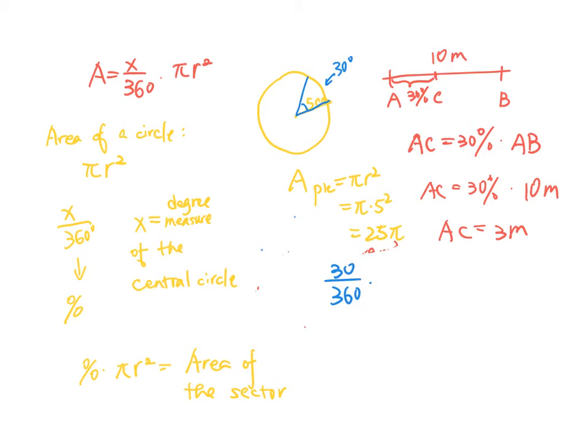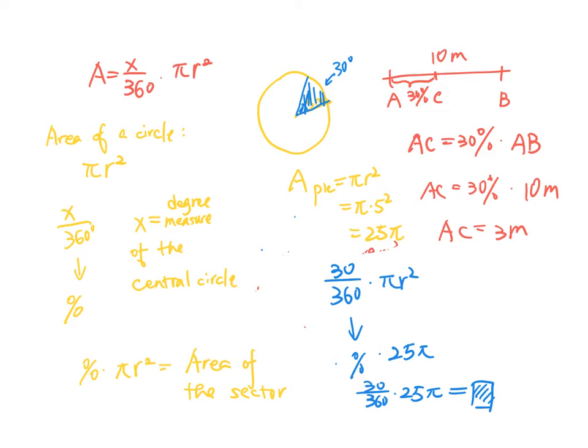That gives me the percentage of this shaded area out of the whole pie. I use that multiplied by pi r squared, which is my 25 pi. I'm not going to use my calculator, but whatever this answer is, that is the area of that shaded sector.